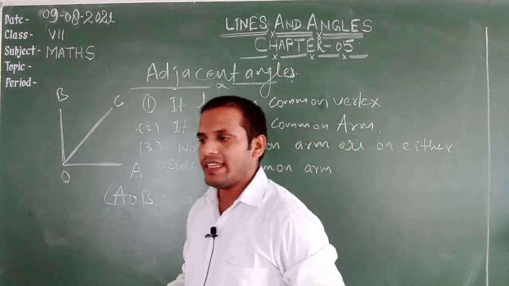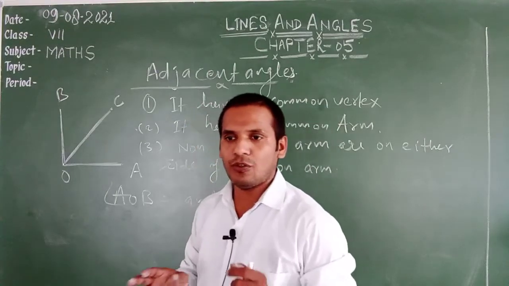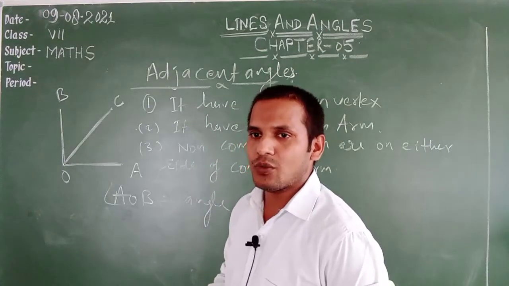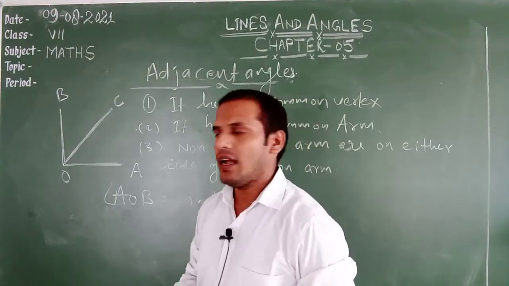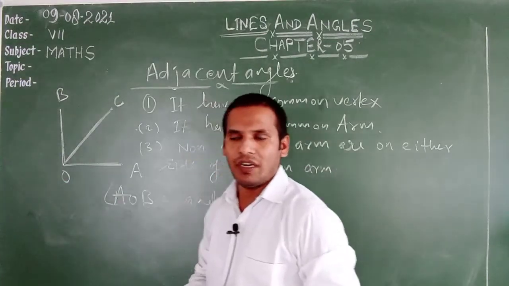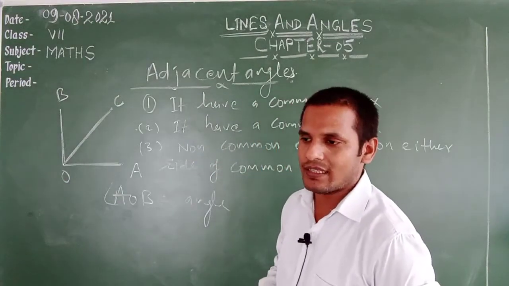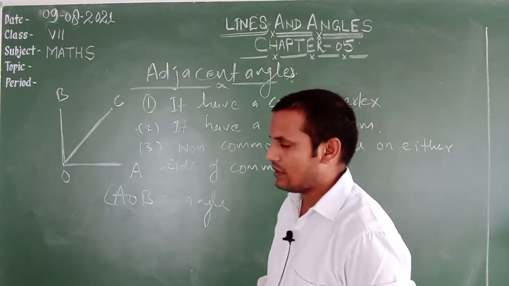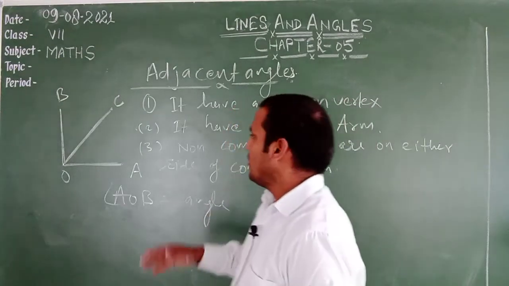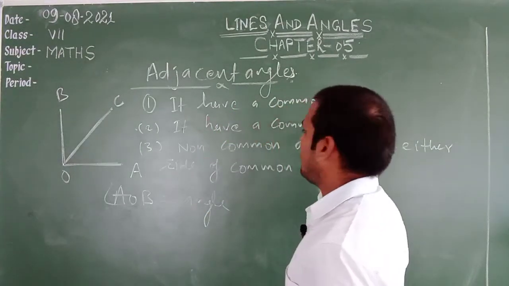Vertex means where two or more than two lines are joining at a single point. That point is known as the vertex, or the corner point of that angle. So it has a common vertex.